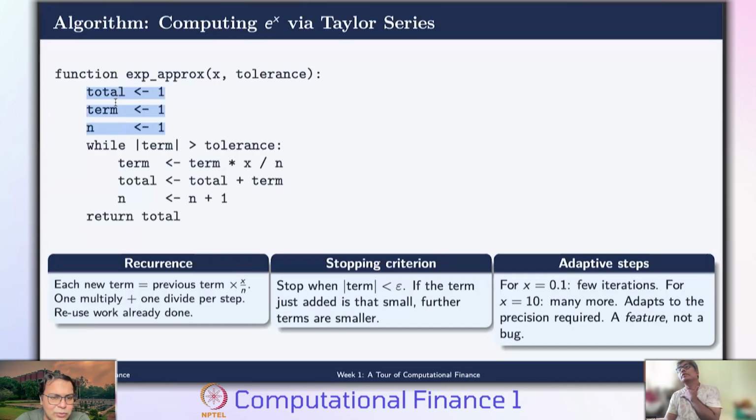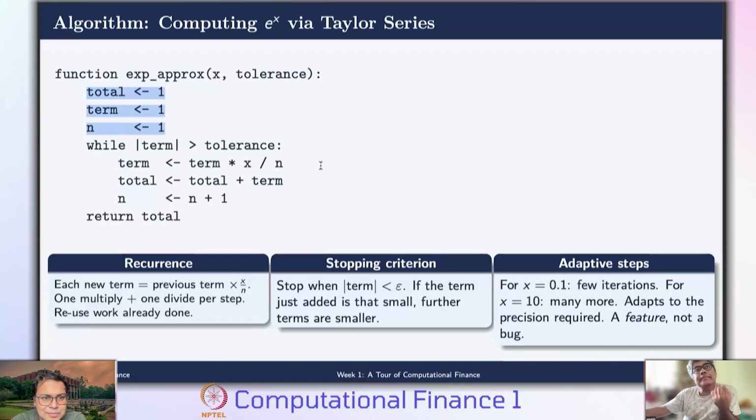I guess the reason why we do it is because it saves us computation. Rather than calculating x to the power n by n factorial directly, we are using the information we already have, and otherwise a lot of computational power we would be wasting.